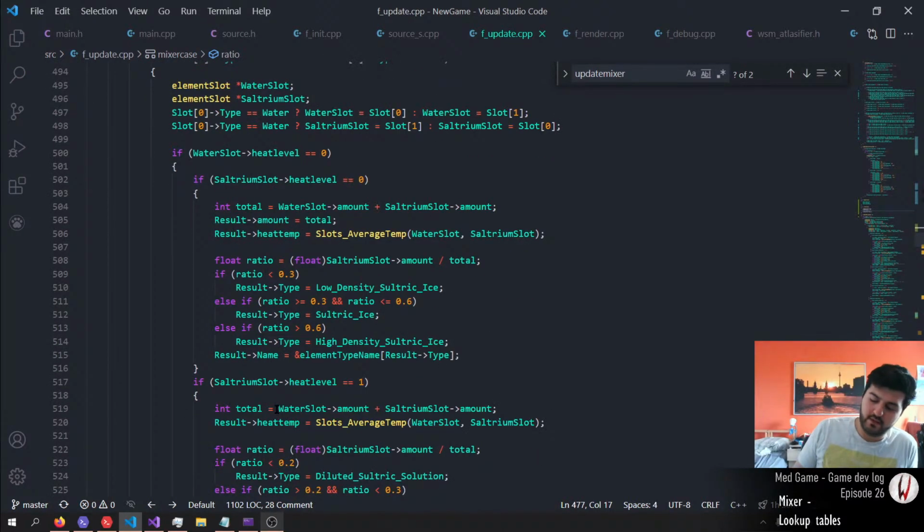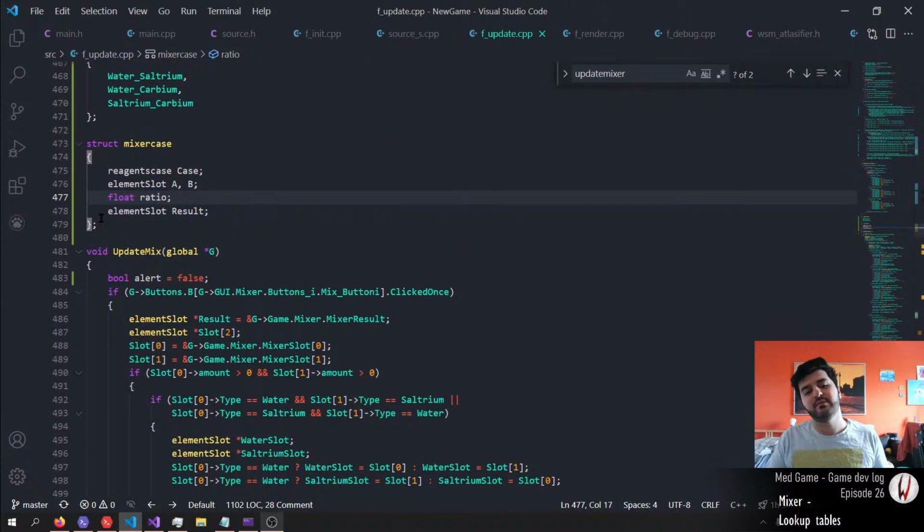So, okay, we have that. Temperature, all of these things. That is basically it. Now, I need to also store the cases. This is where I need an array of mixer cases. I need somehow to sort them, right?